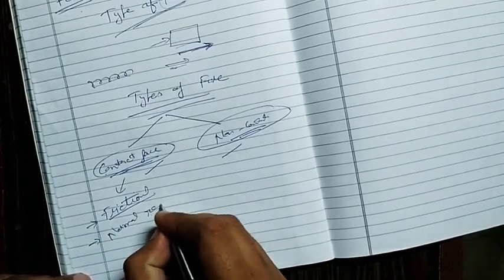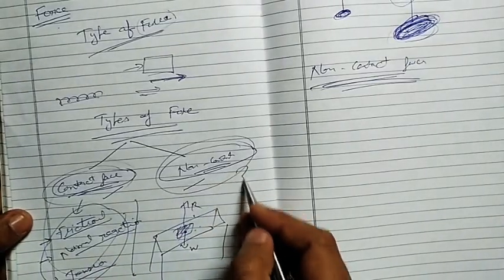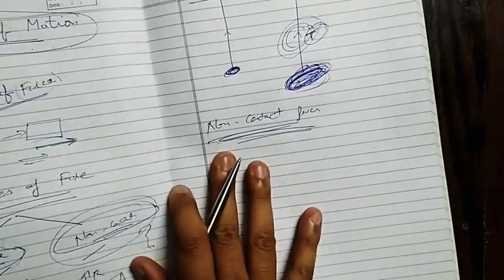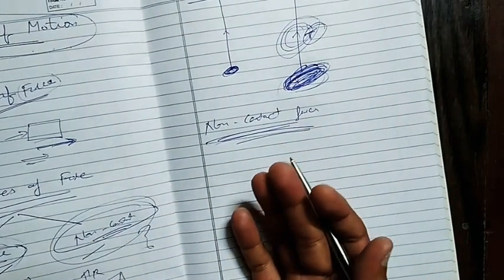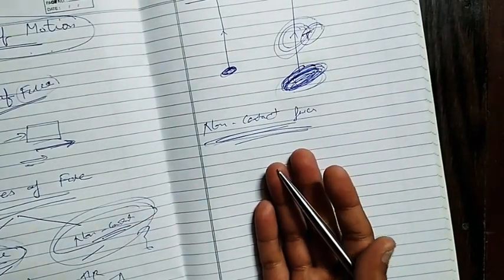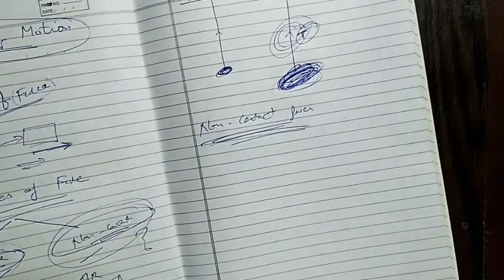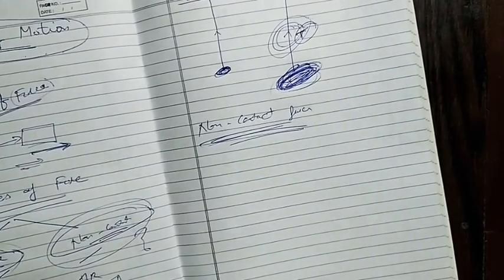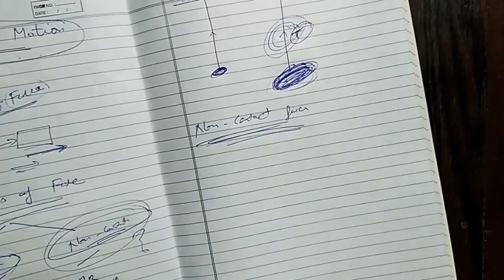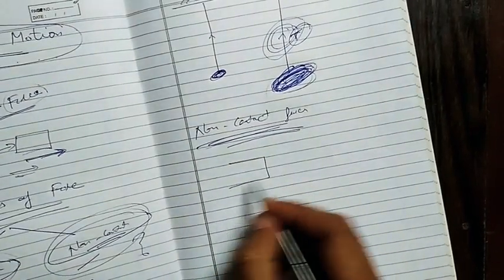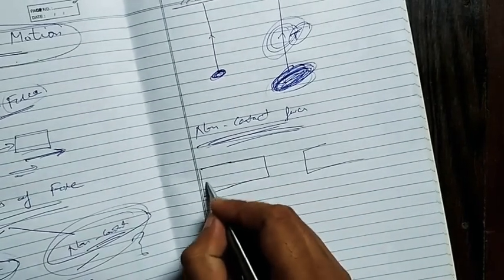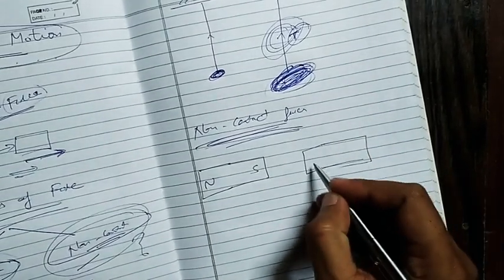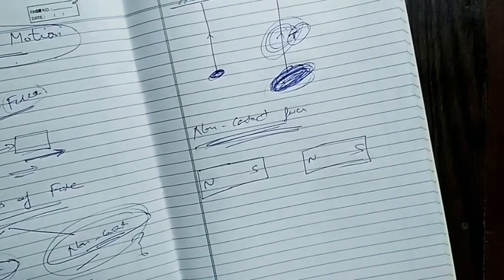But what about non-contact forces? Non-contact forces are those forces which do not require a physical contact between the bodies for their application. For example, suppose we have magnets with north and south poles.